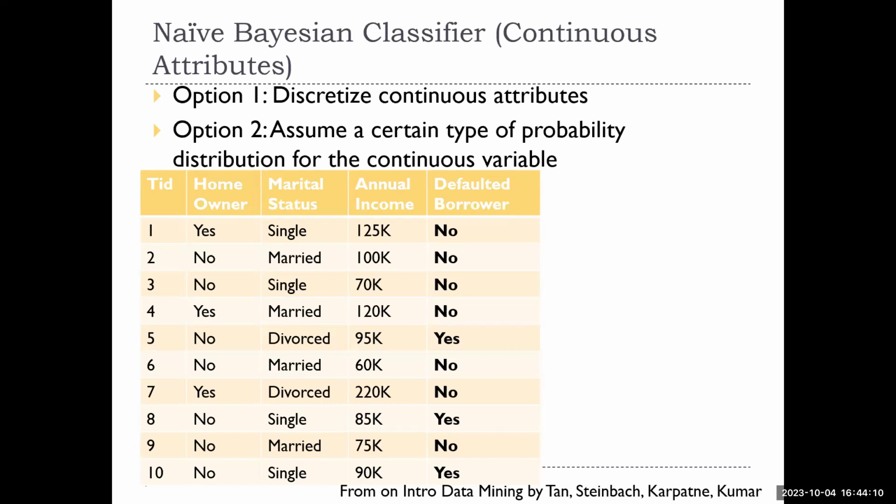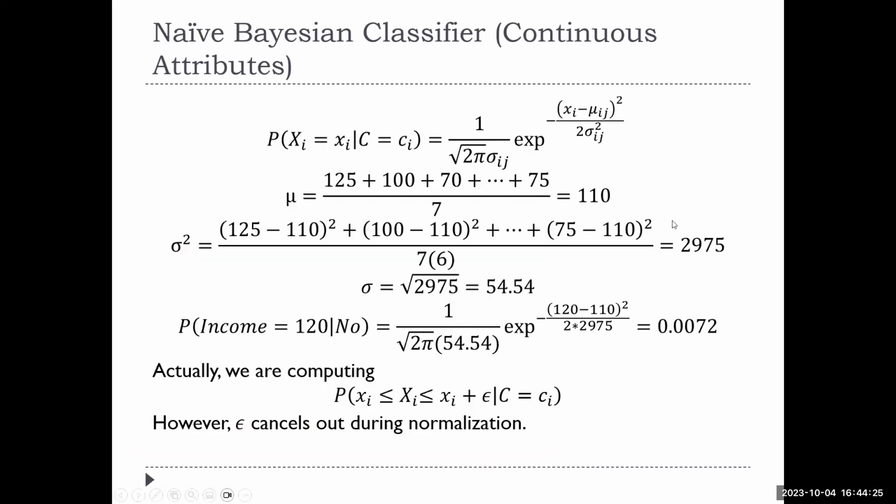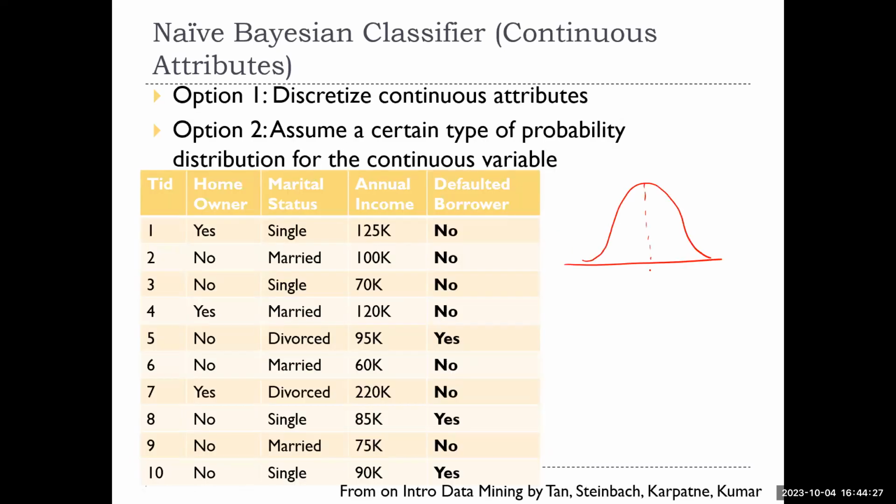What we are doing is trying to find the probability distribution, the normal distribution. So this is our standard deviation. Let's say the mean is 110, and our value is 120.